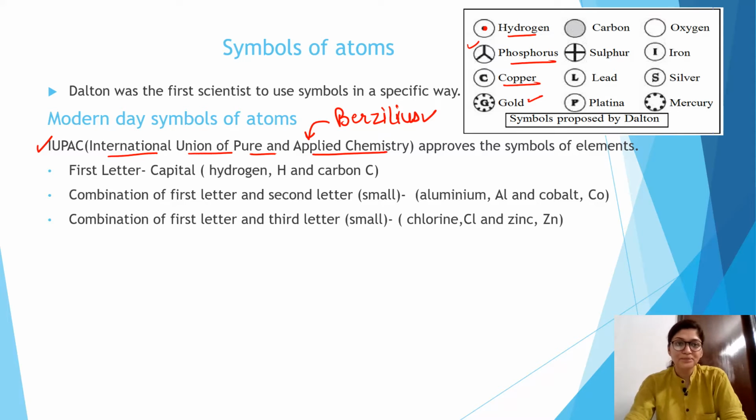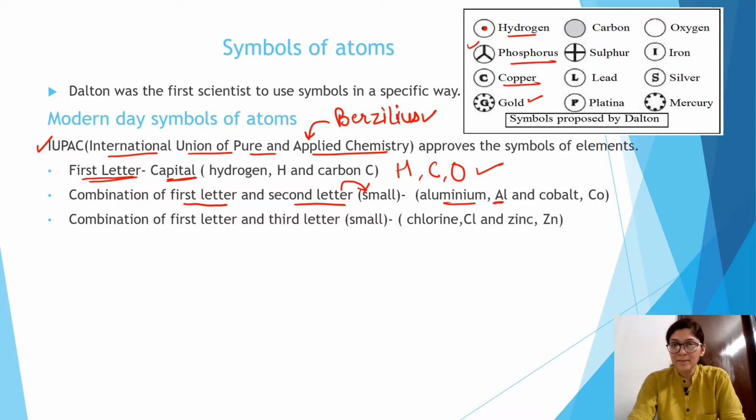IUPAC symbols. There are three ways by which you can read symbols in a very simplified way. The first way is the first letter. The first letter has to be written in capital, like hydrogen, carbon, oxygen. Then the second point is the combination of the first letter and the second letter, in which the second letter has to be written in small, like aluminium.